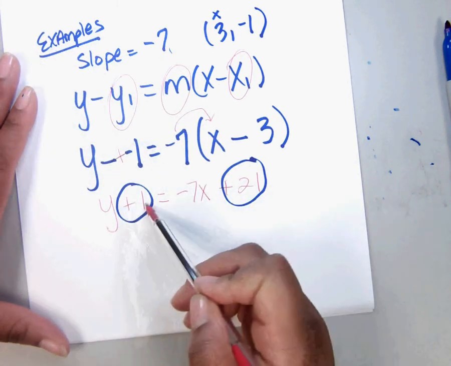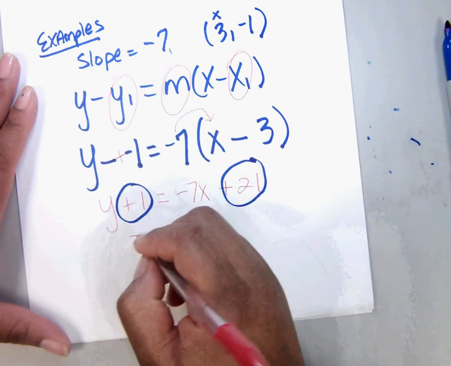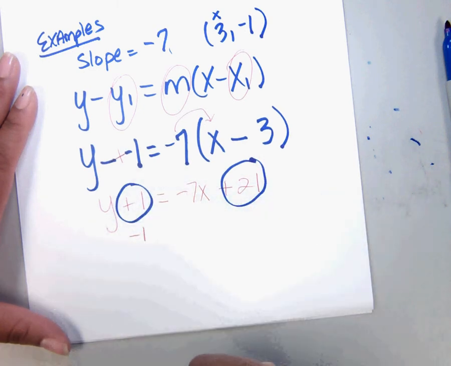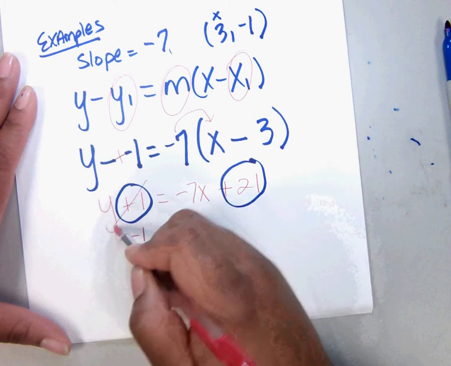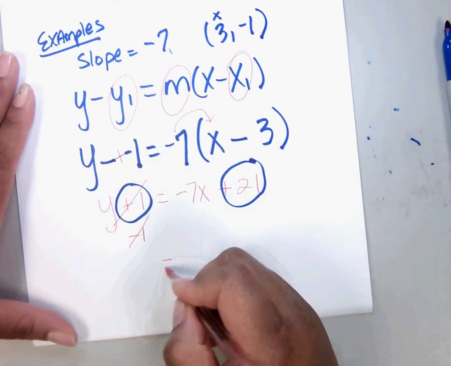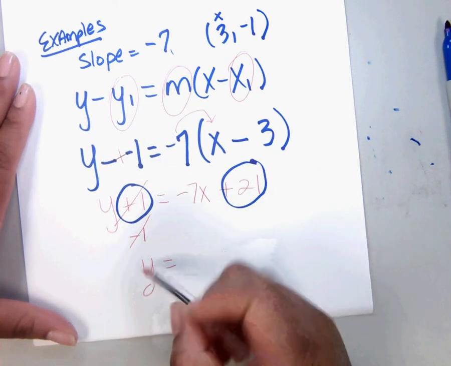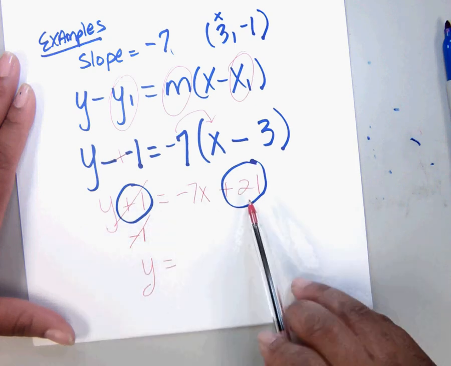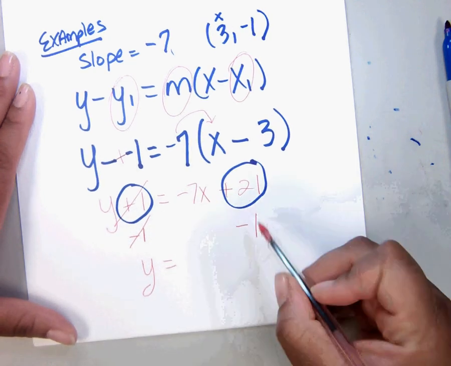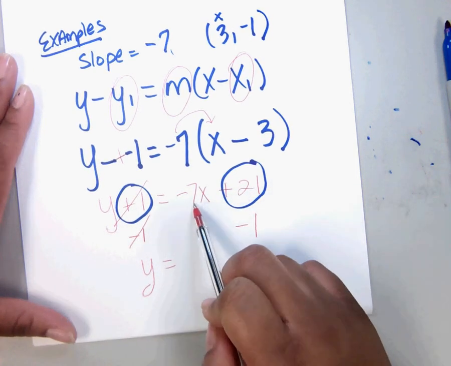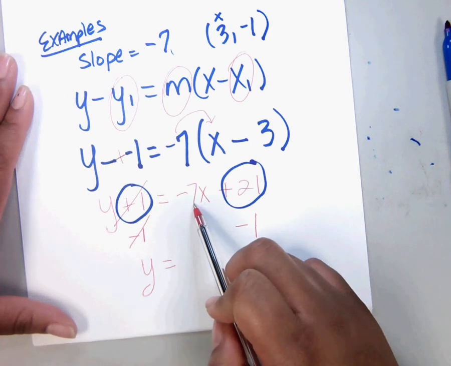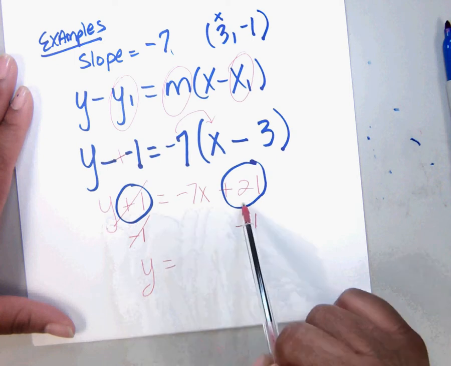To move plus 1 to positive 21, I have to subtract it so that it will disappear on the left side. When it disappears, I'm left with y. Where does it go? To the 21. No, you do not move it under the 7. You're thinking about solving for y. And when you solve for y, yes, it's here, here, and here.